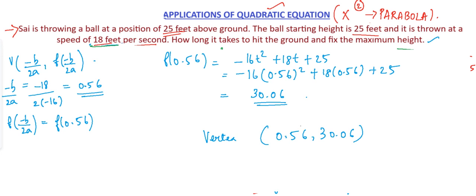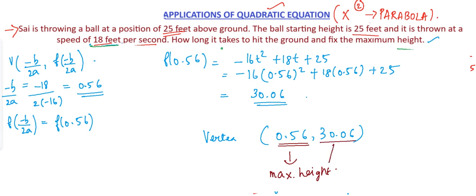What do you understand from this answer? This 0.56 is nothing but the time at which the ball reaches its maximum height after it is thrown.